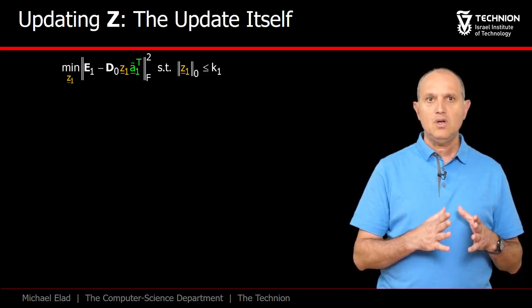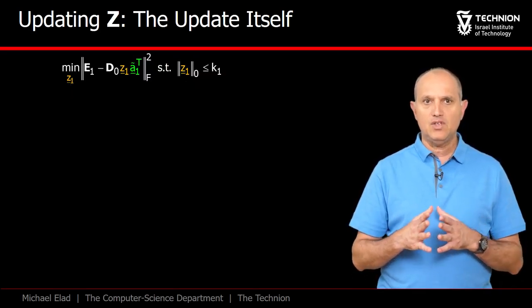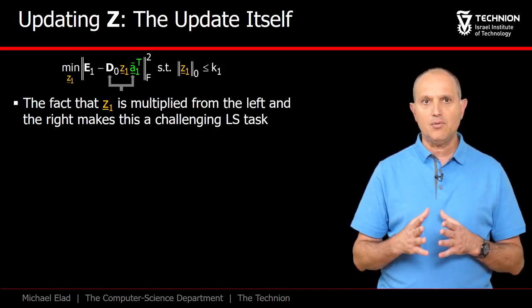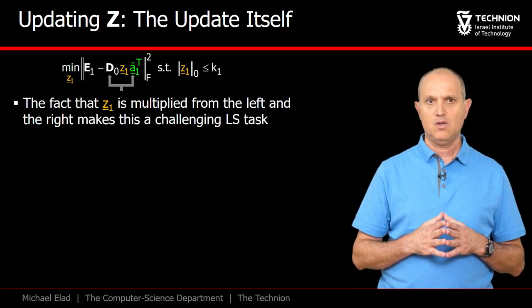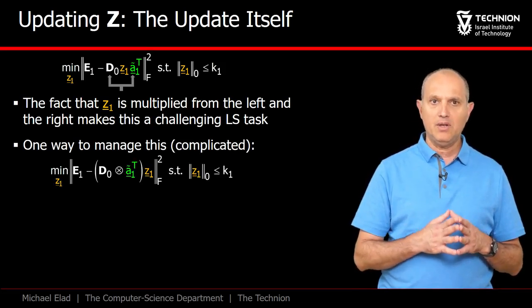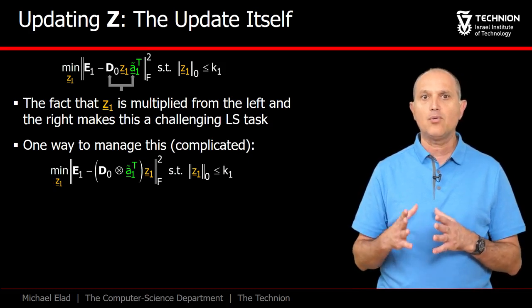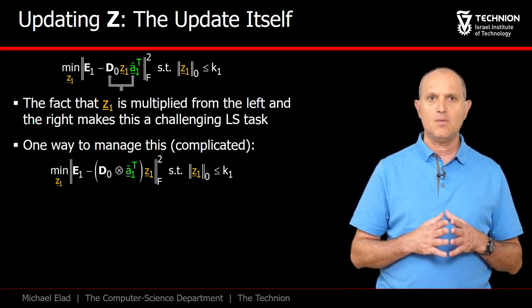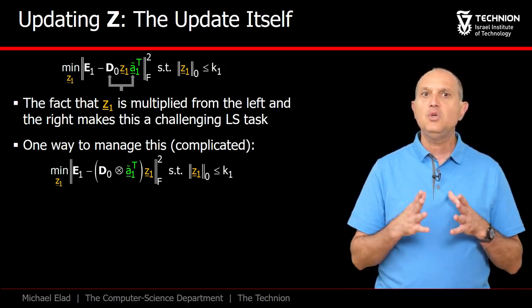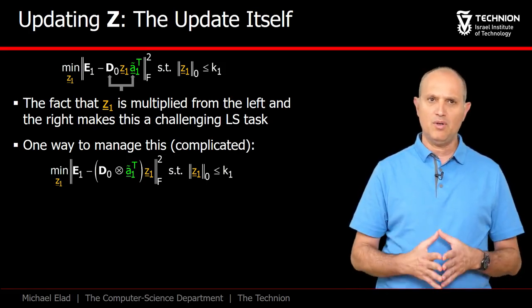Now let's zoom in on the update of Z1. The fact that our unknown is multiplied from the left and the right complicates our efforts. One very natural way to go is to change the order of the multiplications by relying on the Kronecker product properties. The problem with this idea is that the matrix multiplying Z1 now is huge and almost impossible to work with.